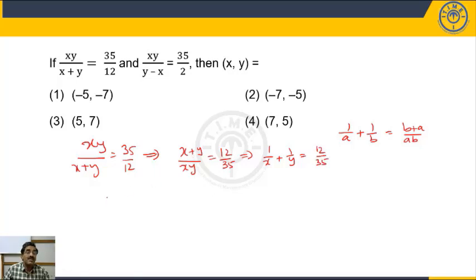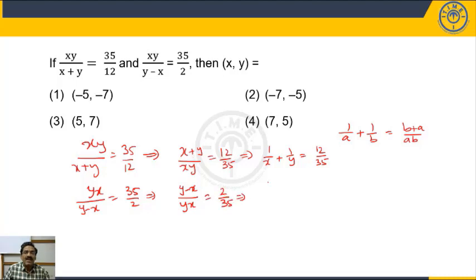Now taking the second equation, xy by y minus x is given as 35 by 2. Here also if we reciprocate, numerator and denominator swapped, we get y minus x by xy is equal to 2 by 35.